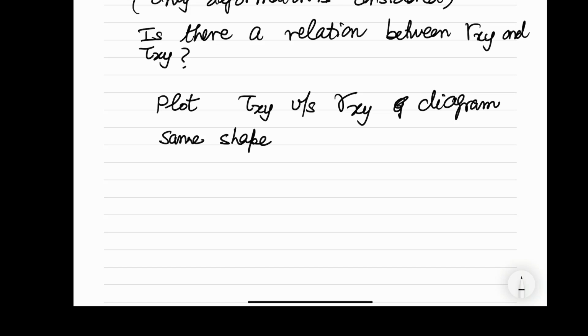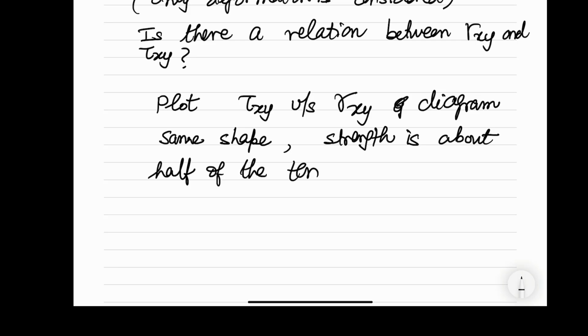And what we find is it has the same shape, but the strength is about half of the tensile stress.